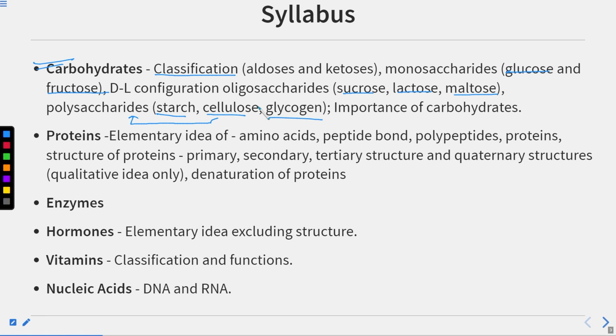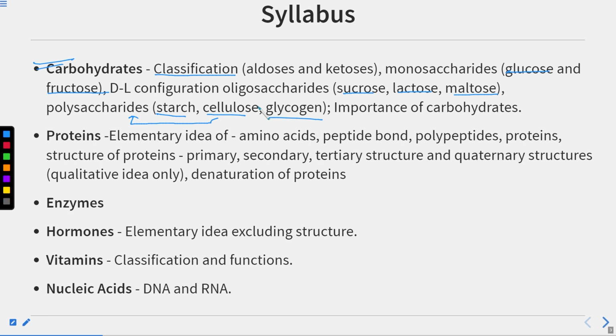The next basis was the number of carbons. If it has 3 carbons, it is named triose. If it has 4 carbons, it is named tetrose. Then we have pentose and hexose. Then the next basis was the number of monosaccharide units present in the given carbohydrate. If it cannot be hydrolyzed further, meaning it is the basic unit, then it is termed a monosaccharide.